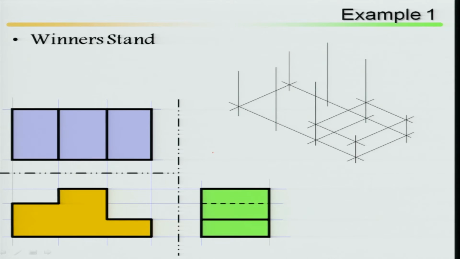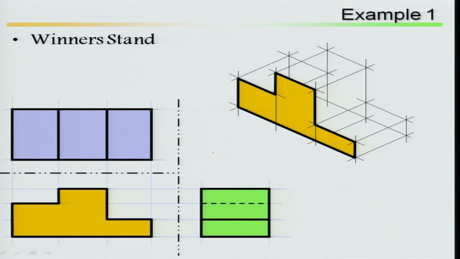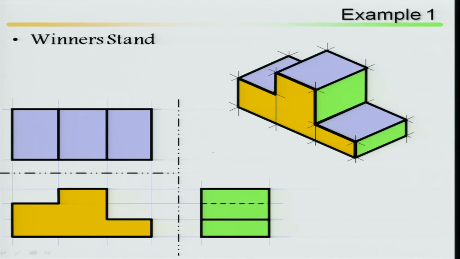Directly you can measure the dimensions with respect to coordinates and take them by means of offsets. Finish it. You can do the coloring to see how it looks. So, this is a simple winner stand, with first runners up, second runners up, then the champion.